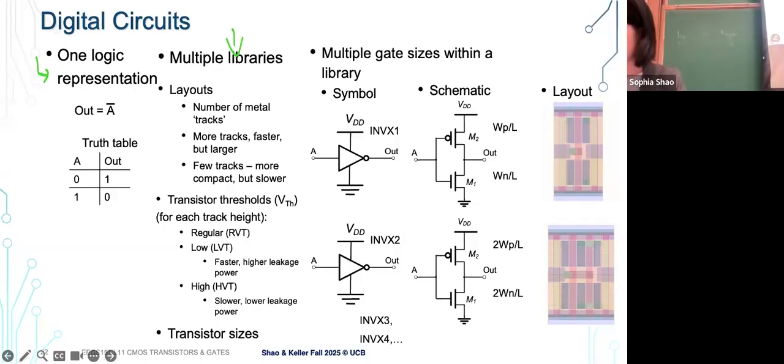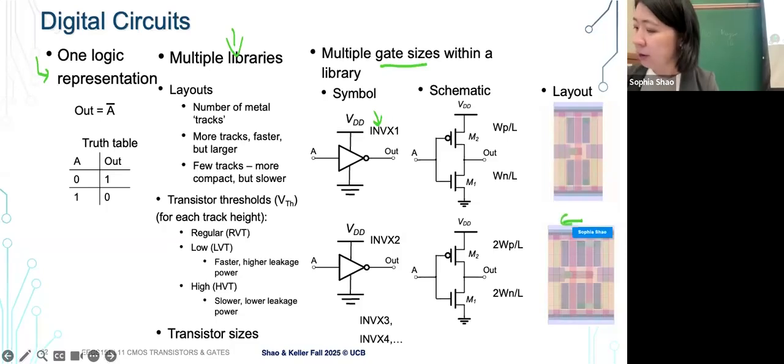We talk about gate sizes, right? When you talk about inverters, some folks in the ASIC lab probably see that the transistors have different sizes. We'll talk more, but it's basically the different width. The gate length is always fixed, but what you can modulate is the width of the transistor.